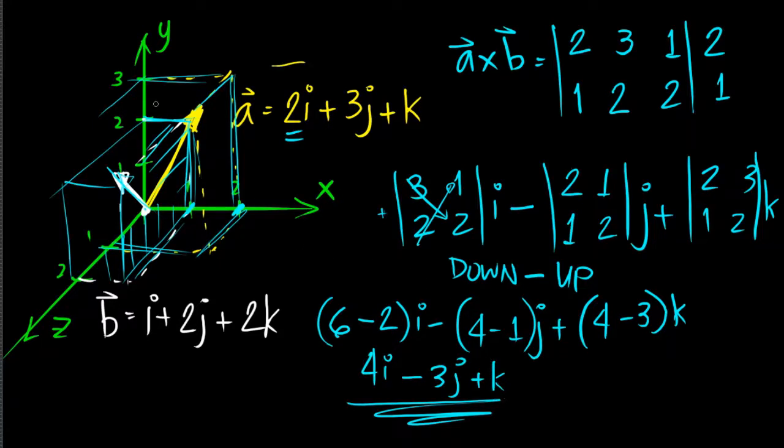Just imagine that our two vectors are in a plane. So, 4I minus 3J plus K should form a right angle between these two vectors.